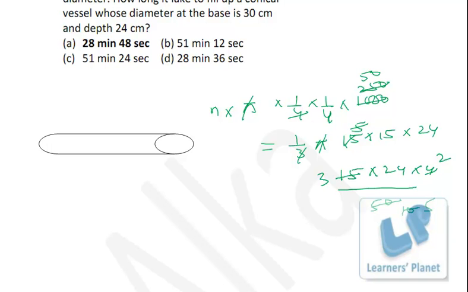So we'll get a fractional value, 144 by 5, that means 288 divided by 10, so 28.8, and 0.8 means 0.8 into 60, that is 48 seconds. So 28 minutes 48 seconds, right? Okay.